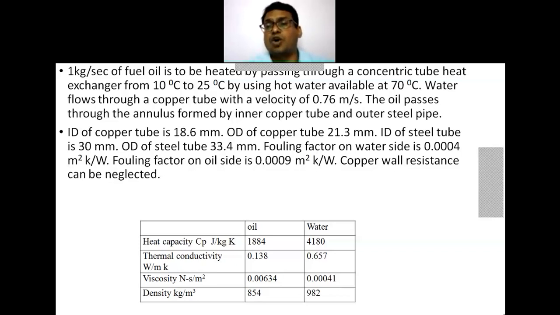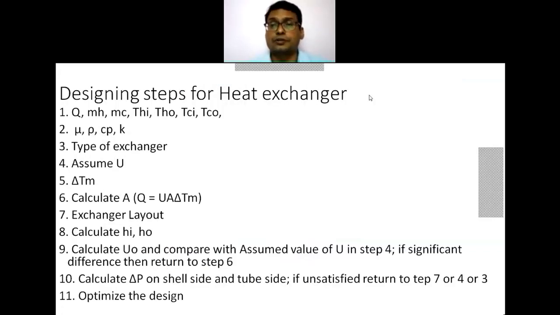The material is copper, so you can neglect it because of the higher thermal conductivity. And the data is provided for Cp, thermal conductivity k, viscosity and density for both oil and water. So the water that is flowing through the tubes is the hot water.